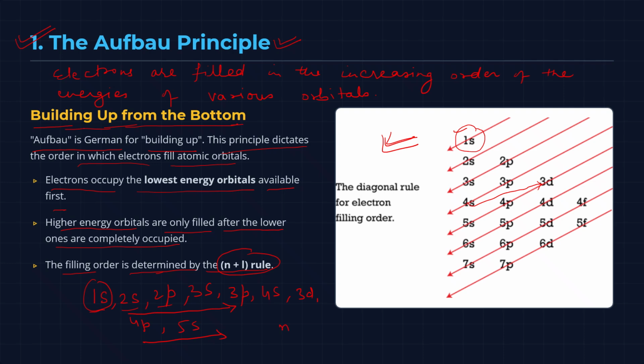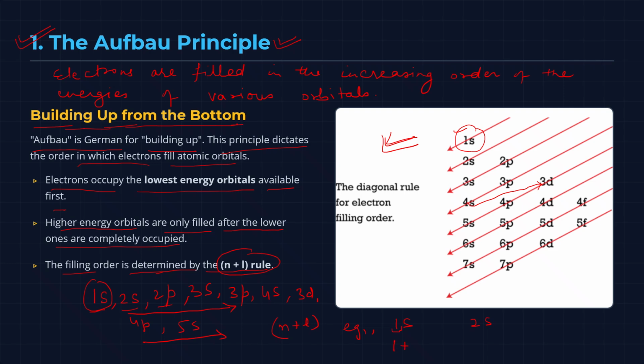From the value of n plus l, we can determine which orbital will be lower in energy. For example, you have this 1s orbital and you have this 2s orbital, and you have to find which orbital will be lower in energy. So first of all, see here, what is the value of n here? 1.